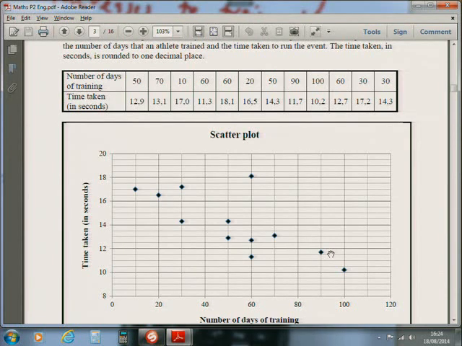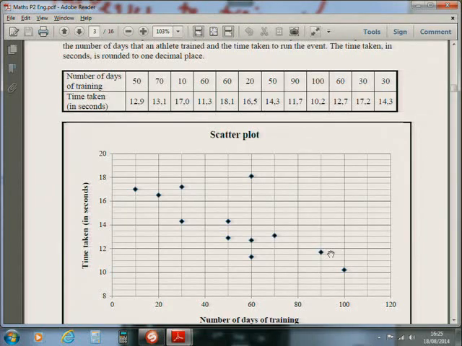It's 12.9, equals, good. 13.1, 17, 11.3, 18.1, 16.5, 14.3, 11.7, 10.2, 12.7, 17.2, 14.3. I've got the whole set of data in the calculator.